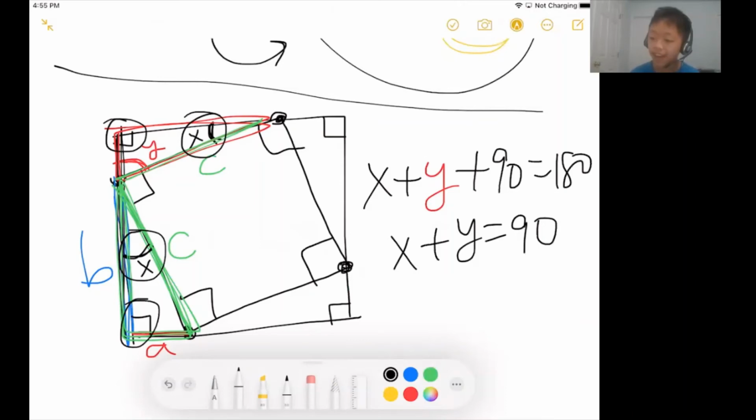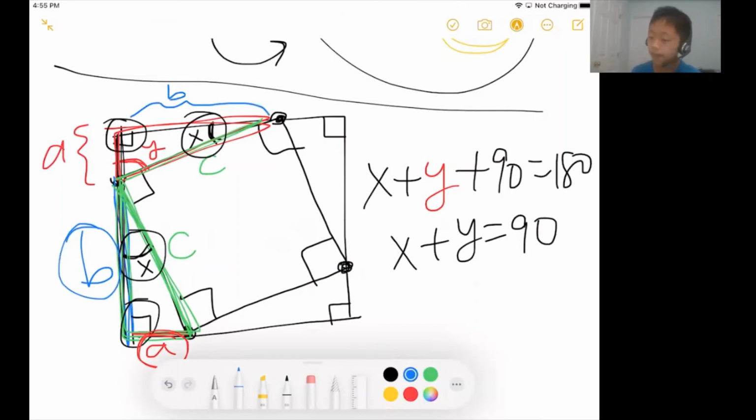So we know by AAS congruence that these two triangles are congruent. So now we can deduce some more information. If this has length A and the two triangles are congruent, this side length also must have length A. And if this has length B, then this side length here also has length B.